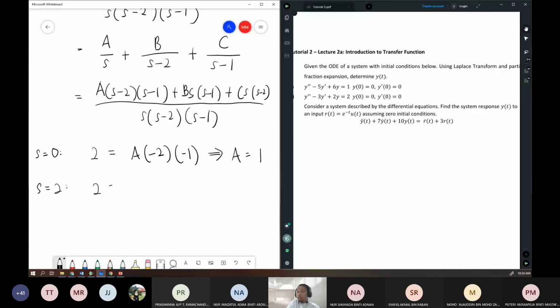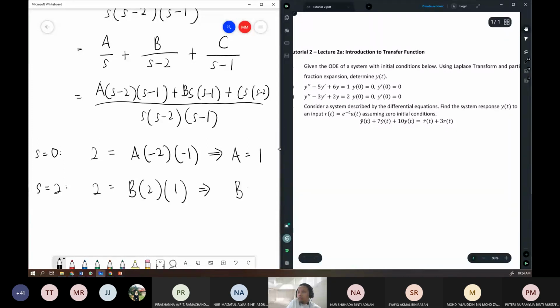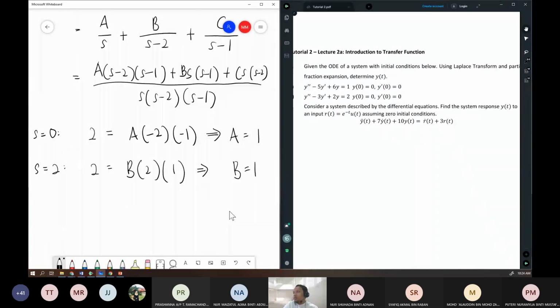So 2 equals, when s equals 2, we get the value of B. So B times 2 times 1. So B also equals 1. And then third one, s equals 1.